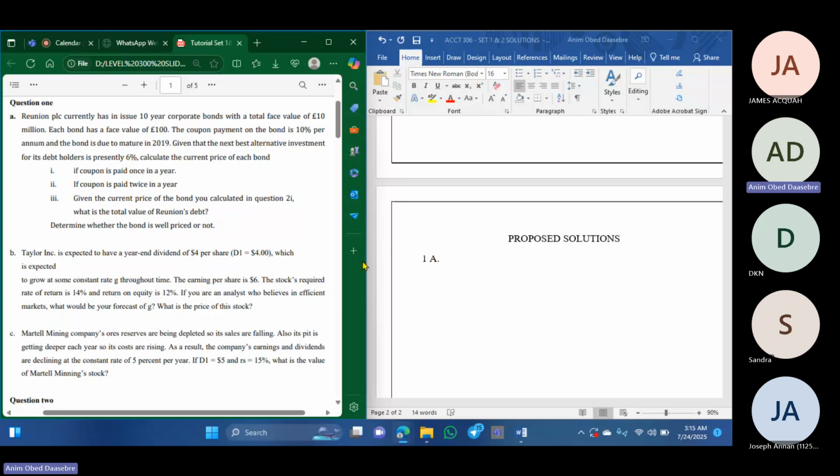before you start with the solution, you need to go through and understand the questions and the dynamics of the questions, what the question is requesting, and the information that is given. So first, analyze and understand the question.